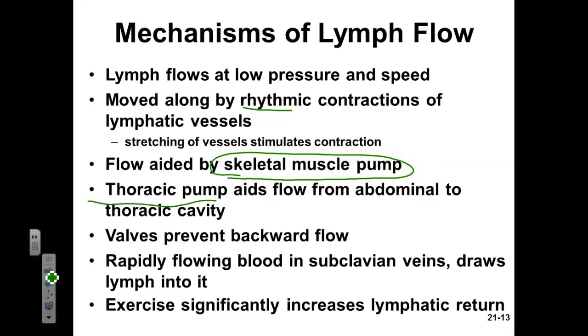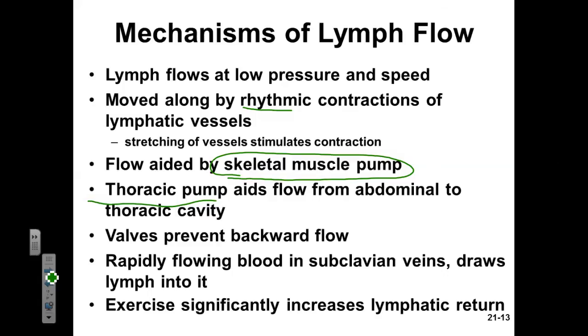We also have a thoracic pump. This thoracic pump has to do with the pressure changes in our thoracic cavity. When you inhale, you are having fluid flow into your thoracic cavity. The fluid that most of us focus on is air. So take a deep breath. You have tons of fluid rushing into your mouth, going through your windpipe into your lungs. That's because you had low pressure in your thoracic cavity when you were inhaling.